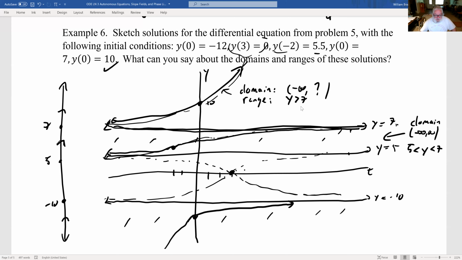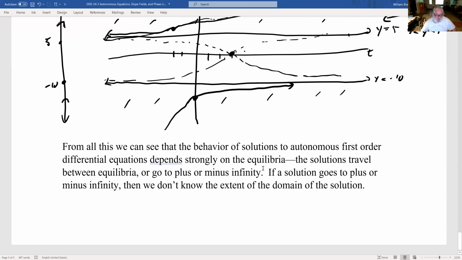So the behaviors of autonomous first order differential equations depend strongly on the equilibria. The solutions travel between equilibria, they go to plus or minus infinity, but we don't know what the domain is if it's a possibility that you actually do go to plus or minus infinity.